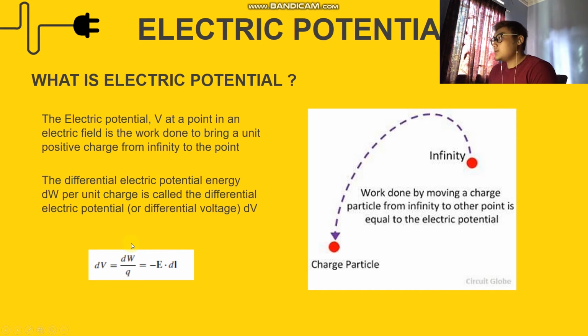Since the work done is measured in joule and charge in coulomb, the unit of the electric potential is joule per coulomb, or volt, and the electric field is expressed in volt per meter.